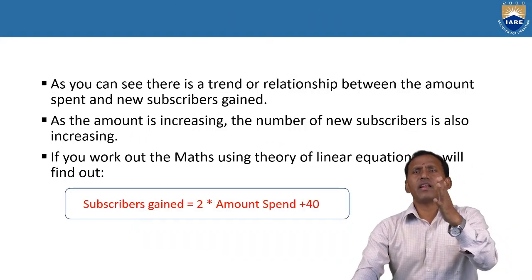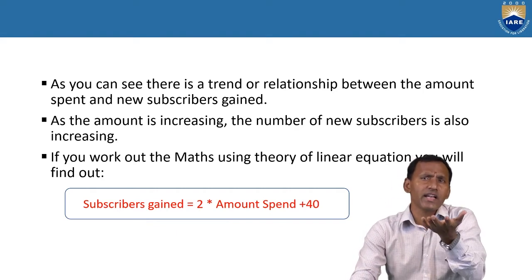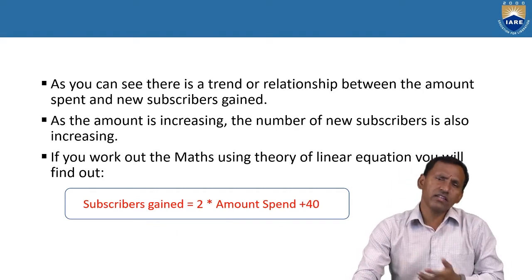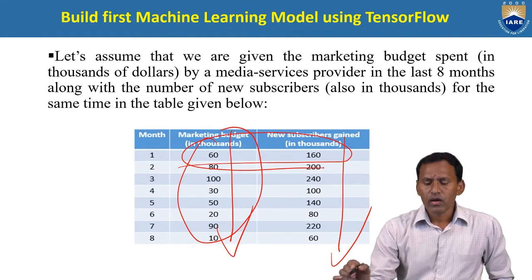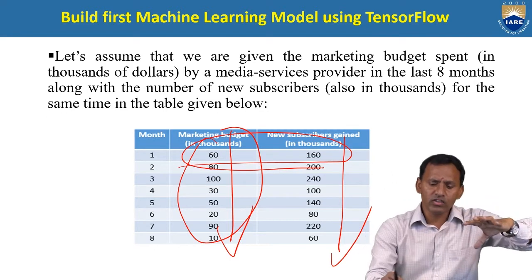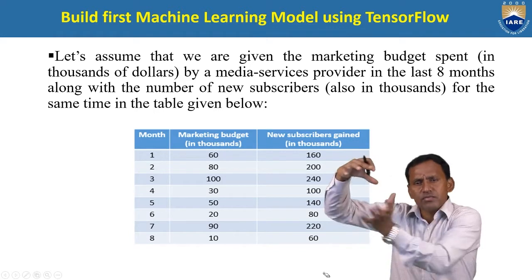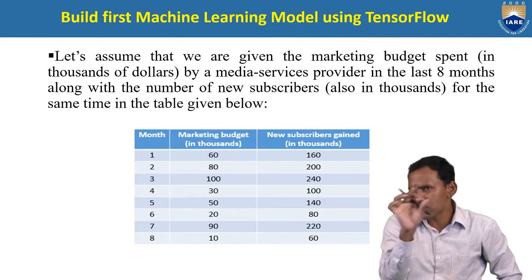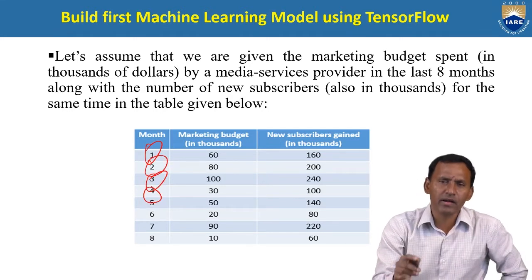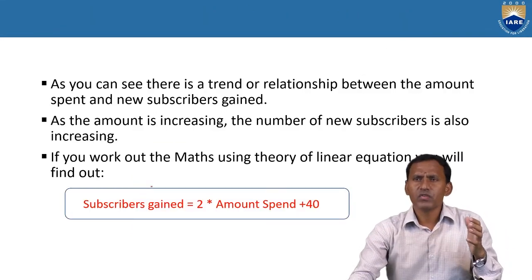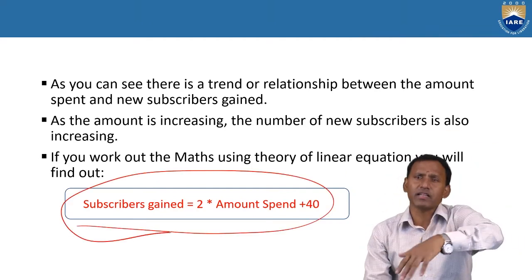As you can see, there is a trend or relationship between the amount spent and new subscribers gained. Once you observe this trend between the marketing budget and the subscribers gained for each and every month, January, February, March, April, May, like that, we can conclude the entire table in a mathematical way.